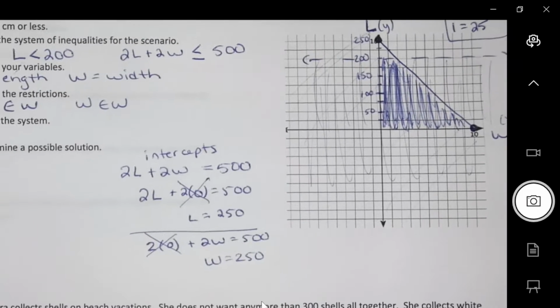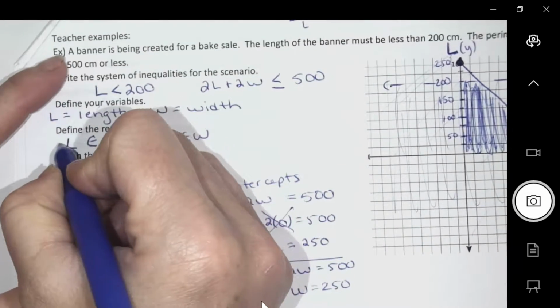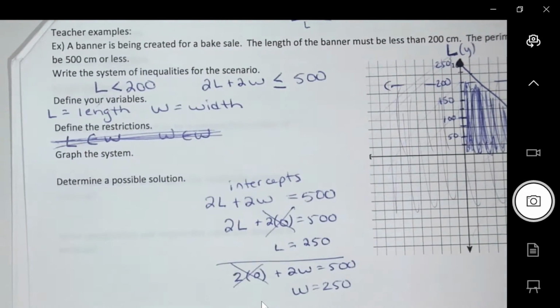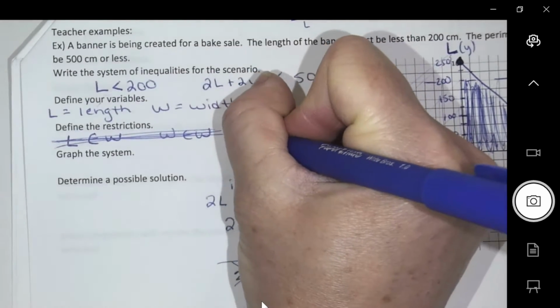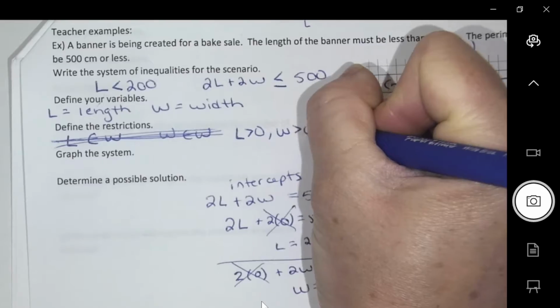And I have to go back and make a correction of something I did now that I see it. I did this one wrong. Our length doesn't have to be a whole number, because you can do a length of 1.2. So we should write this. Our length has to be above 0, though, and our width has to be above 0.